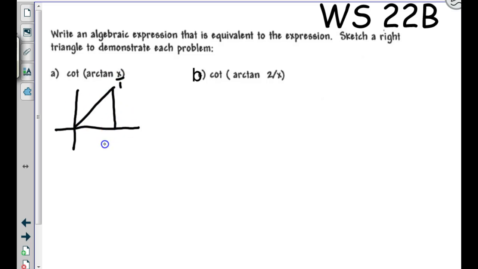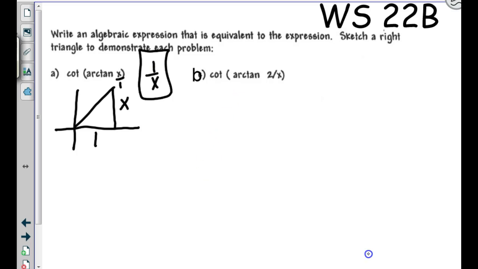So how would I label my little triangle? Opposite over adjacent. Now be careful. Cotangent. Well, what is cotangent? Yes. So what is the cotangent of this picture? That one wasn't complicated, right?